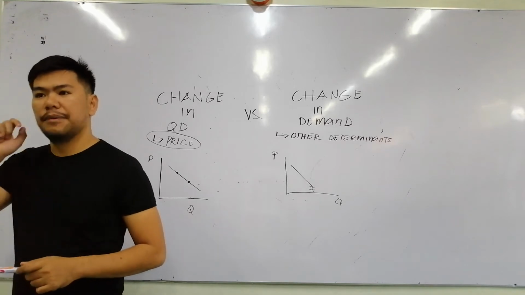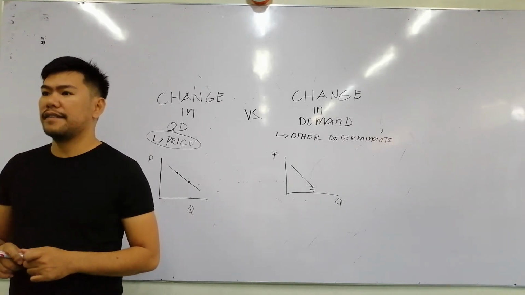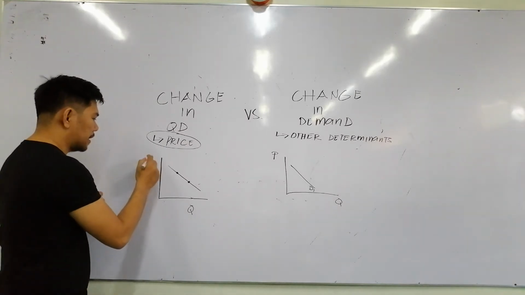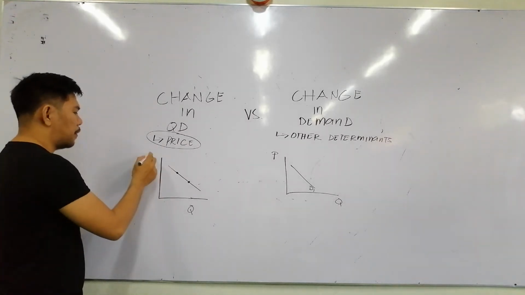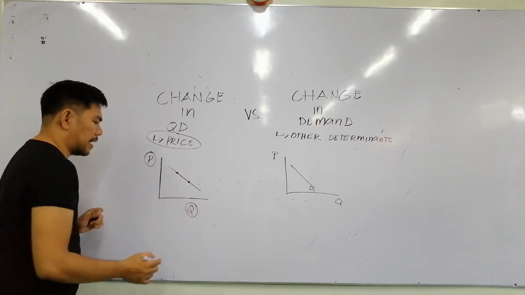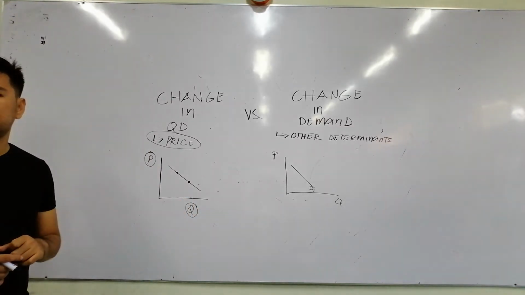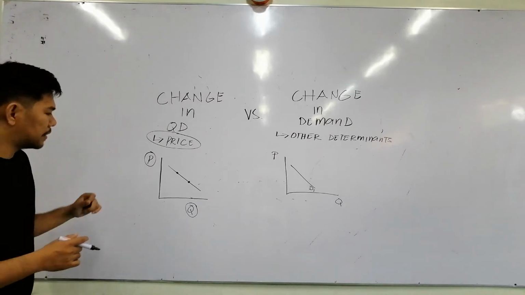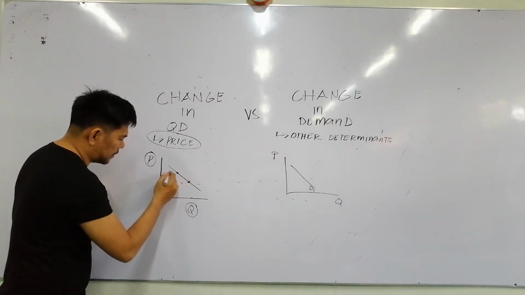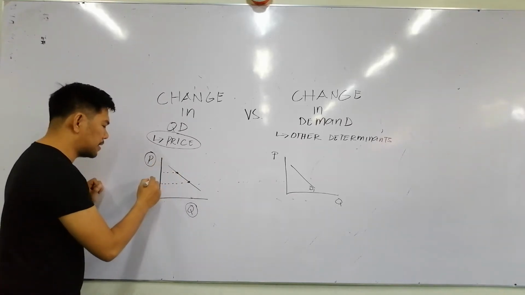So in our example, the price of gasoline increases. By the way, if you have the graph, the y-axis is the price and the x-axis would be your quantity demanded. In this case, let's just denote this as P1.